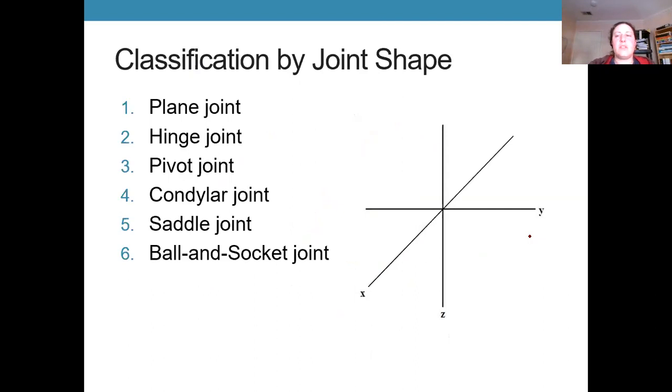So each of these joint types has a different number of planes in which it can move. And so this is how we can more formally talk about monoaxial, biaxial, and multiaxial joints. So we're going to work our way through these one at a time with examples, and hopefully it'll make sense.